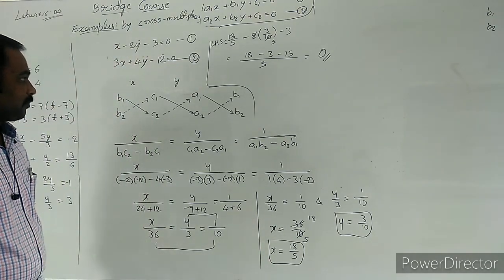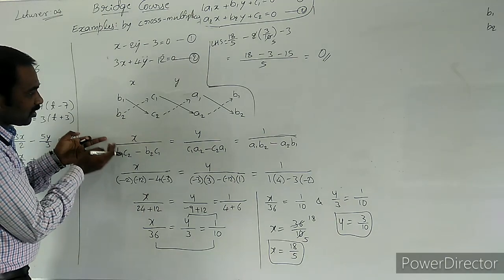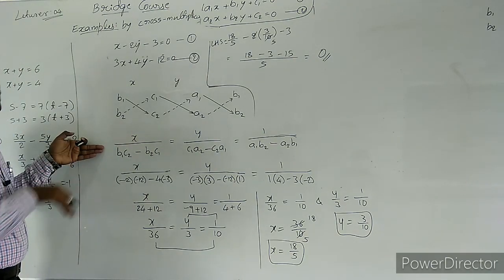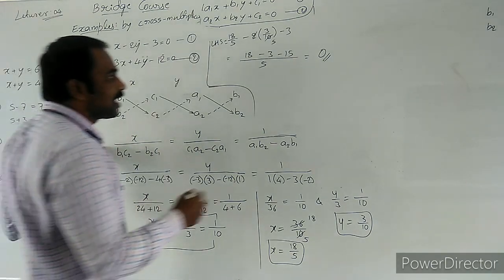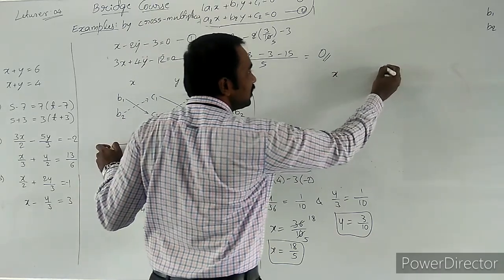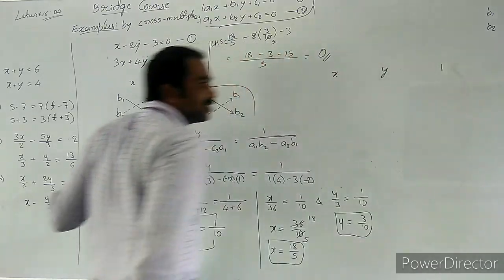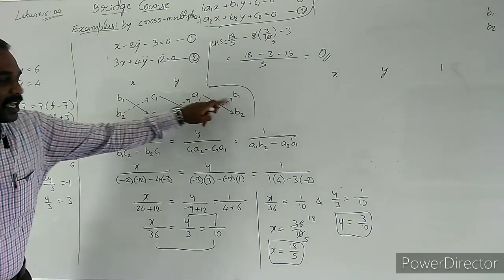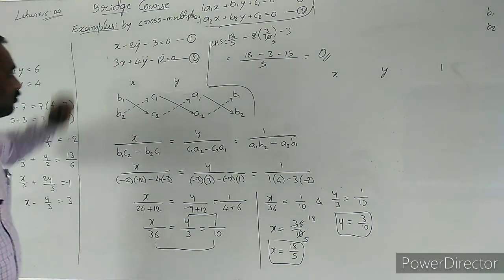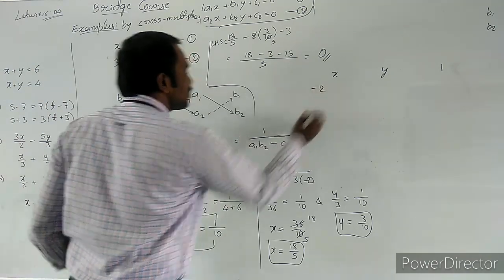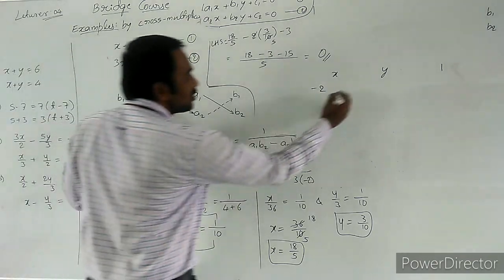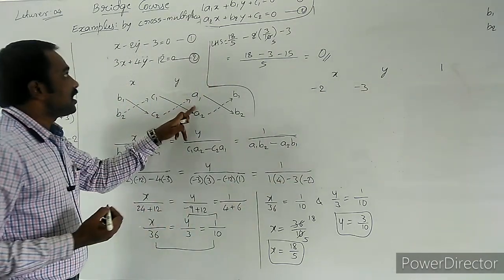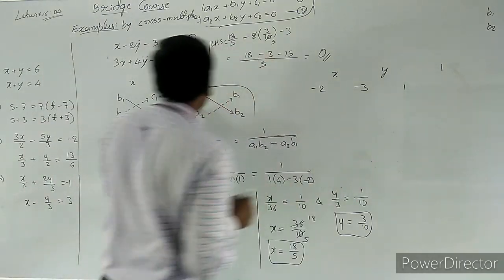Here one more thing. If you are getting confused writing the general form, we can write the coefficients directly. How to write the coefficients directly? Better write the x, y and the 1. So observe that b1, c1, a1, b1. Write directly. b1 is minus 2, c1 is minus 3, a1 is plus 1.